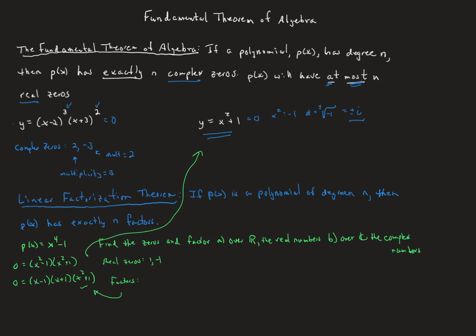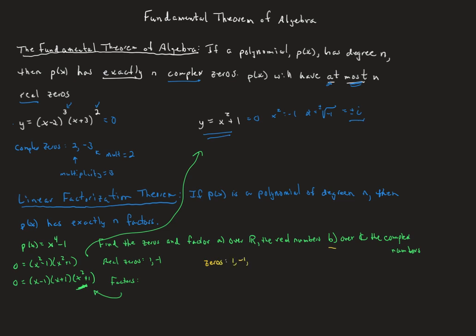So if we're going to allow only real numbers, we cannot guarantee that we're always going to get to what we call linear factors, x plus something or x minus something. We may have to settle for a quadratic factor, a prime or irreducible quadratic. Now, if we're going to allow complex numbers, then we saw before that our zeros are going to include i and negative i.